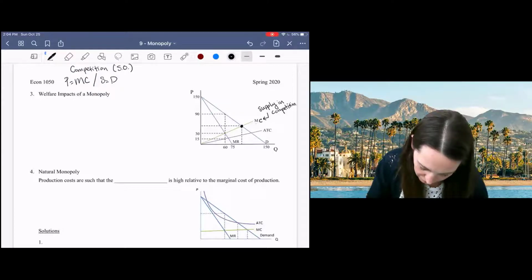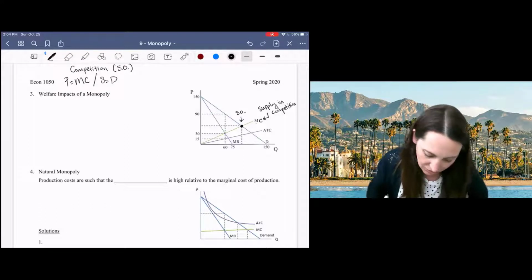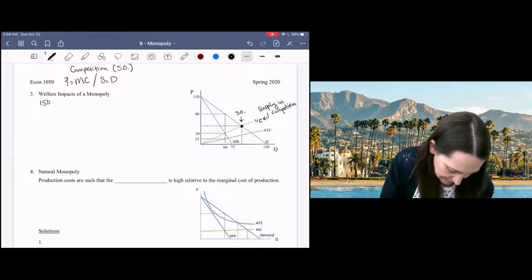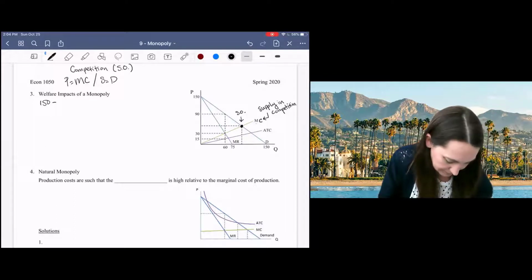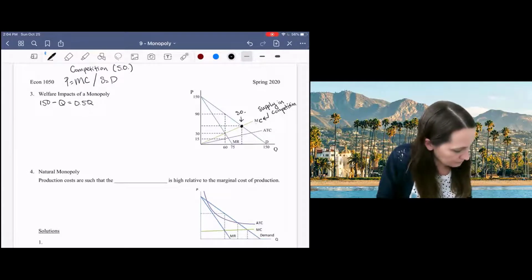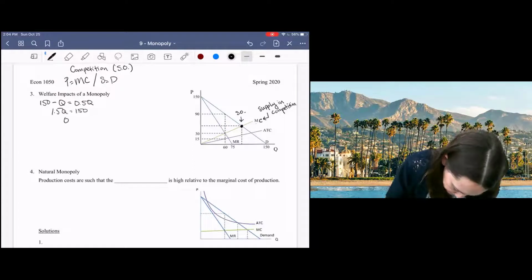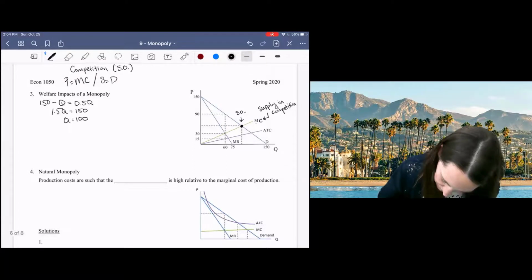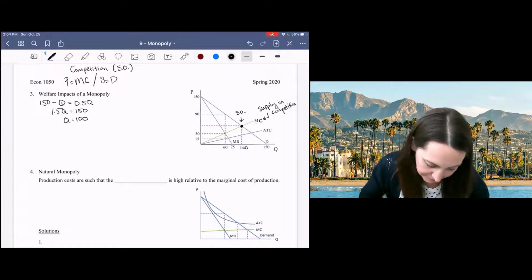And so this is the socially optimal quantity here. And we can solve for that simply by taking our demand curve and setting it equal to marginal cost. You can see that that quantity there is 100.